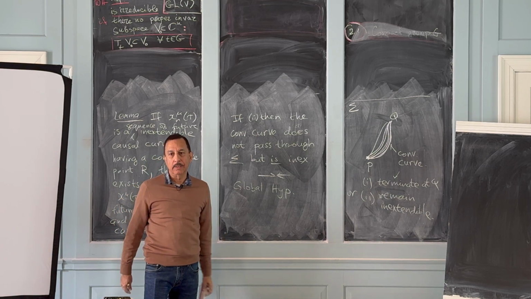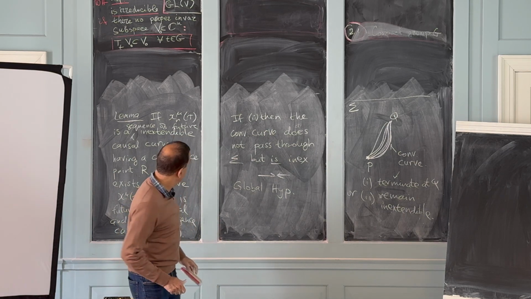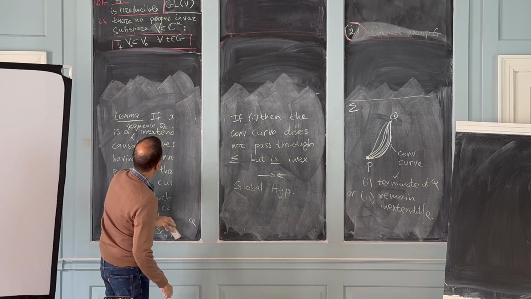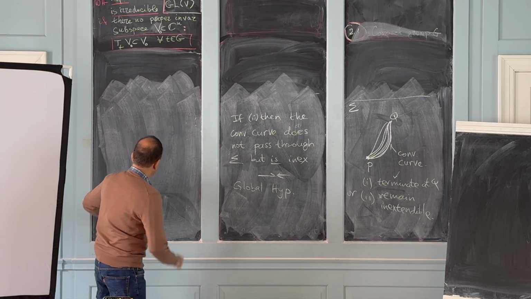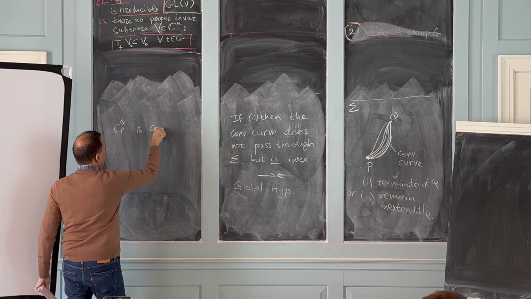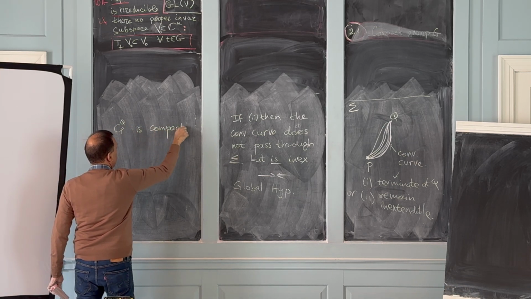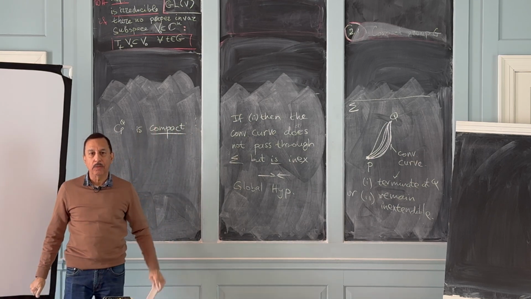Sequentially compact is the same as compact. So we learn from all this that C_PQ is compact. So I won't keep writing what this space is. It's the space of causal curves from P to a point Q in its future.